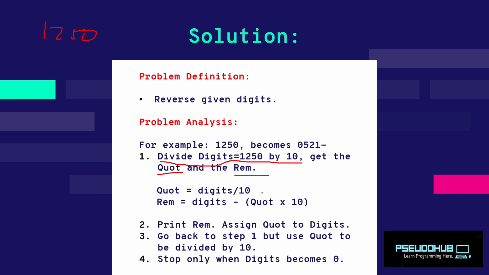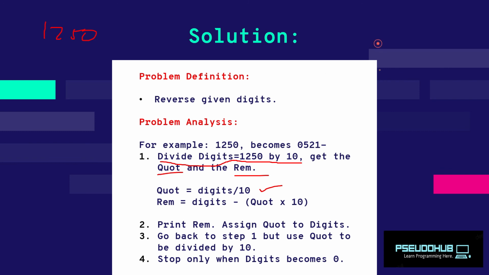So in the first implementation, digits divided by 10. Sorry, I haven't edited the keyword yet. So digits divided by 10. Currently the digit is 1250, so we divide it by 10.